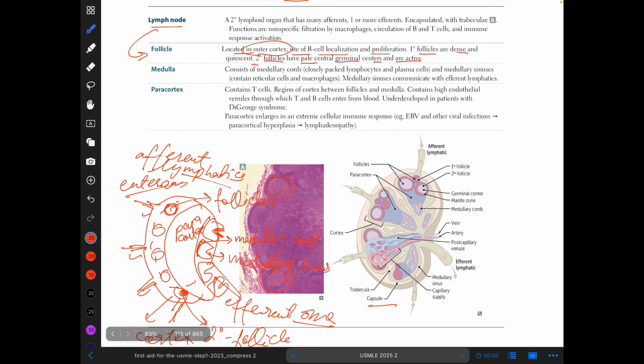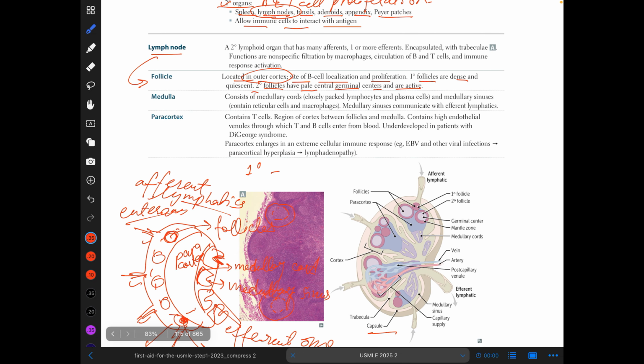The primary are inactive follicles with a proper round shape in the histological structure, but the secondary follicles are active structures with germinal centers, having the central pale structures inside them.